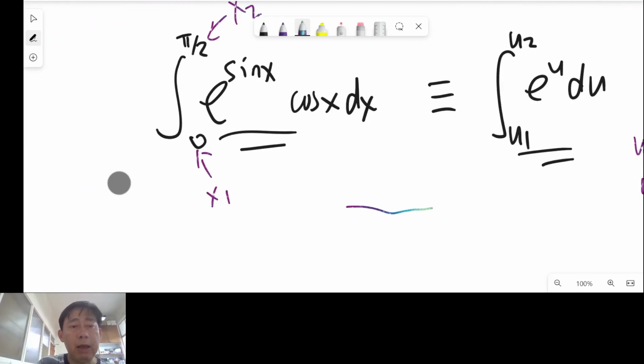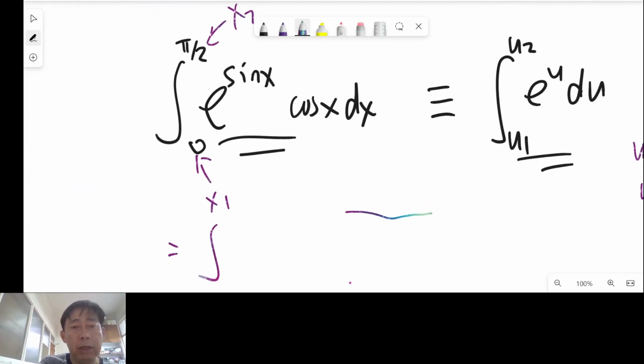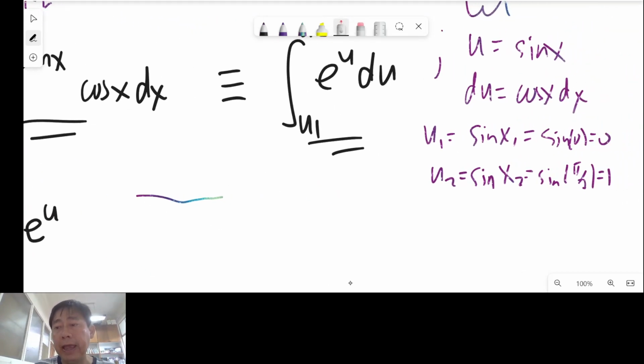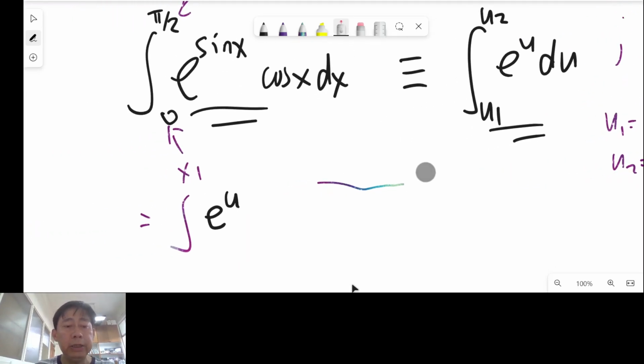Therefore, I can now write down the integration of this integrand with respect to x as an integration with respect to u. So e power sine x is just replaced by e power u. Then cos x dx, as explained here, is just replaced by du. So I have now successfully converted the integration with respect to x into the integration with respect to the variable u, and I have u1 here and u2 here.